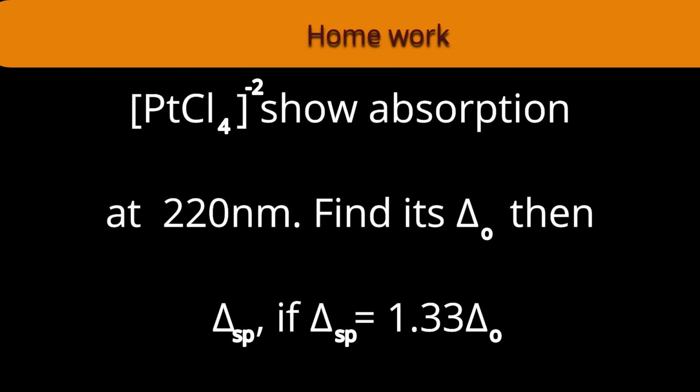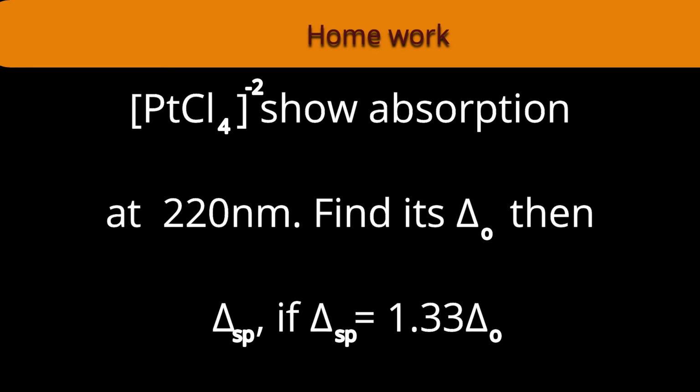As homework, one tricky question is there. Read the question carefully. I have given the absorption wavelength for the square planar [PtCl4]2- complex. From that, you can find out delta O, the usual calculation.